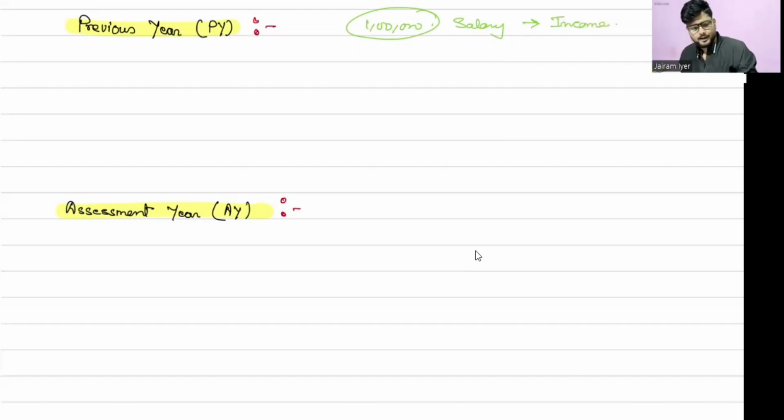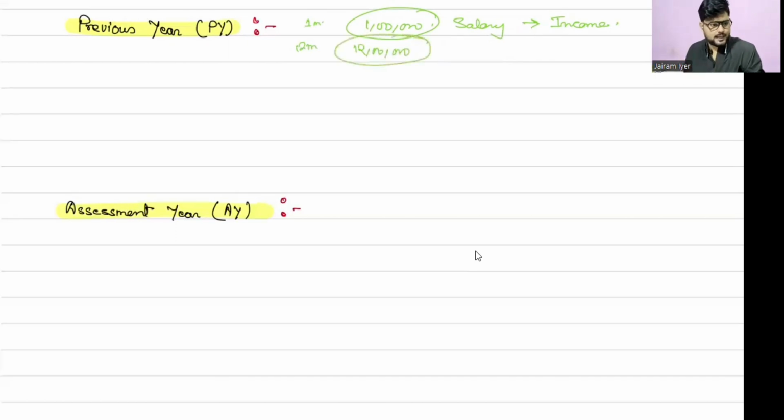Correct. With the logic we have discussed till now, can anyone say that this is an income, so it has to be taxed? Correct, because that is what income tax is all about. So this is her first month salary. Similarly, there will be 12 months of salary, around 12 lakhs if I ignore all other things.